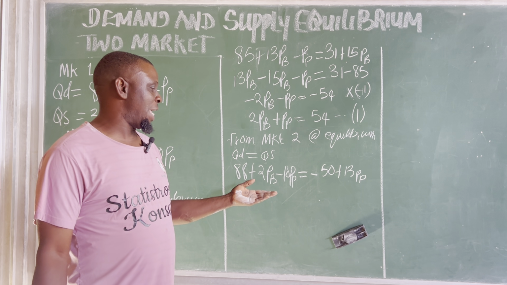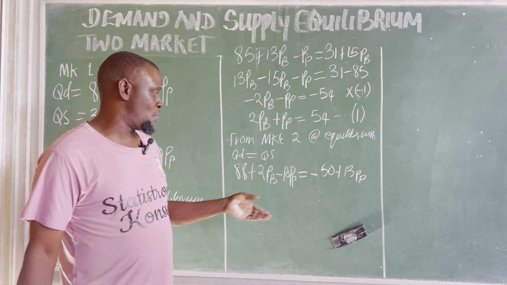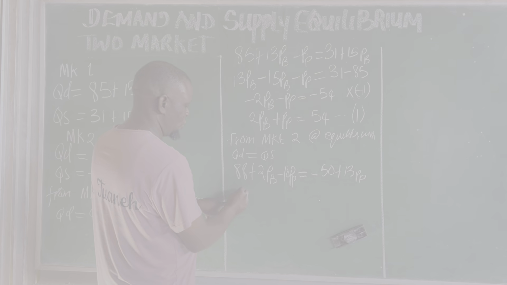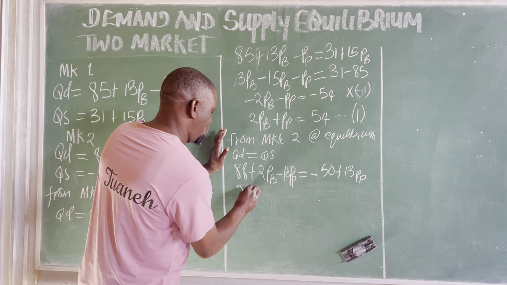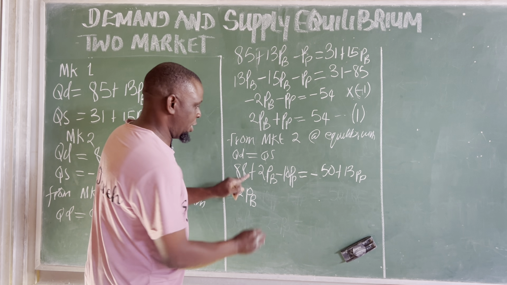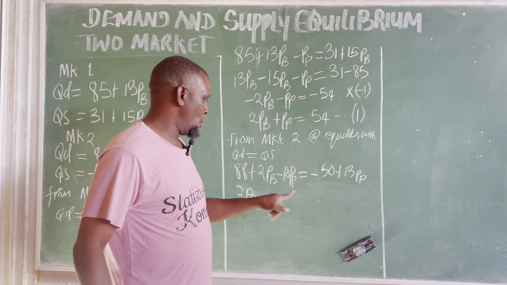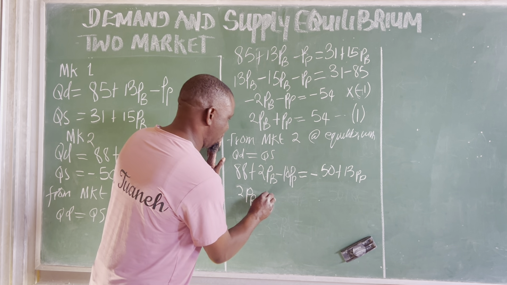Okay? So at this point, we also have to collect like terms and arrange this equation. We start with this: we have 2 PB. Another term containing PB? No. So now the next one will be minus 10 PP. Is there another term containing PP? Yes, we have 13 PP. So this plus 13 PP will cross to the other side to be minus 13 PP.